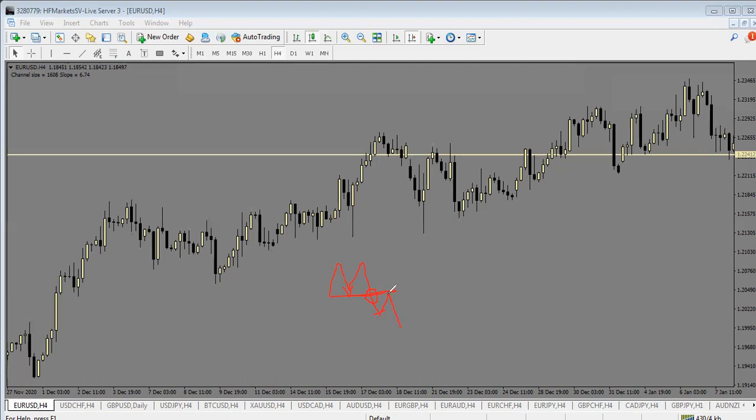When price is moving down, it's obvious that it will make a bigger candle that can engulf this point to show that the sellers are very strong in the market. Let me give you an example. Say the real trend is bearish, but we have these two bullish pullback candles.